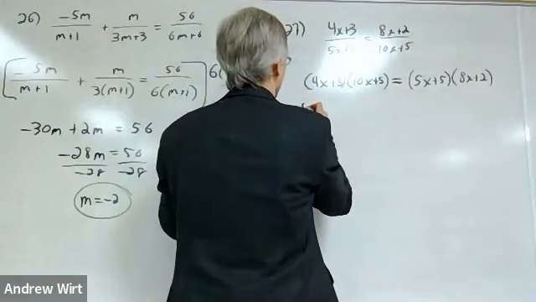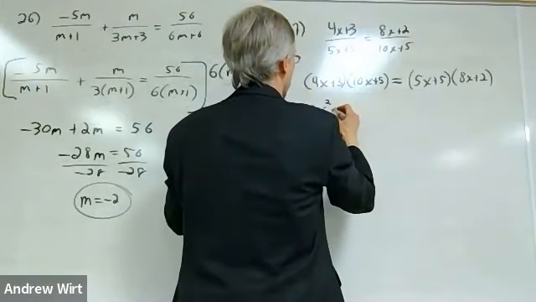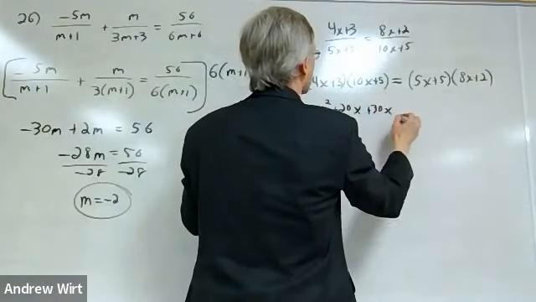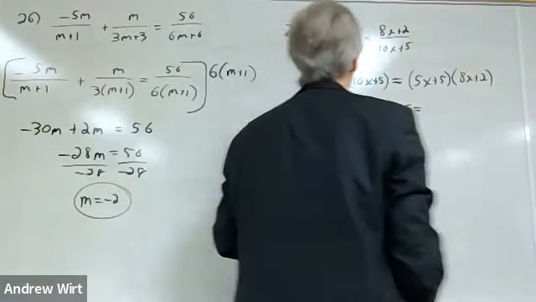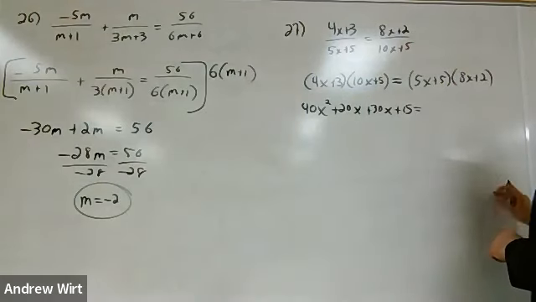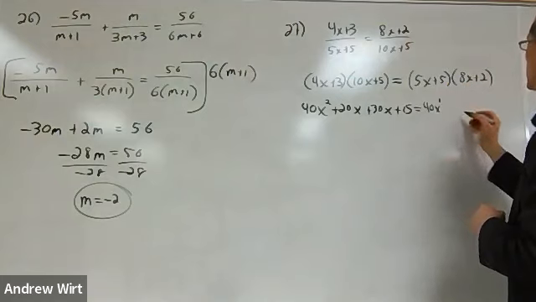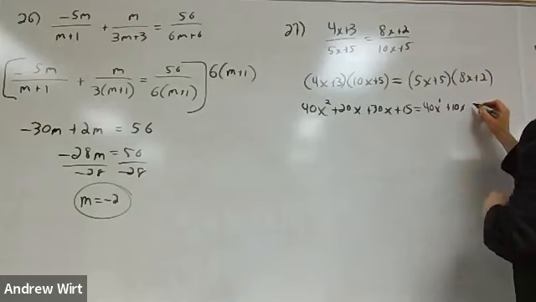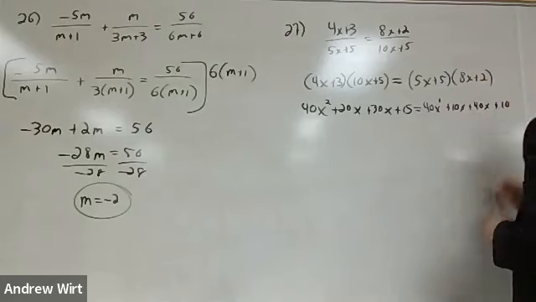So it gives us 40x squared plus 20x inside plus 30x and last plus 15 equals 40x squared outside plus 10x inside plus 40x and last plus 10.